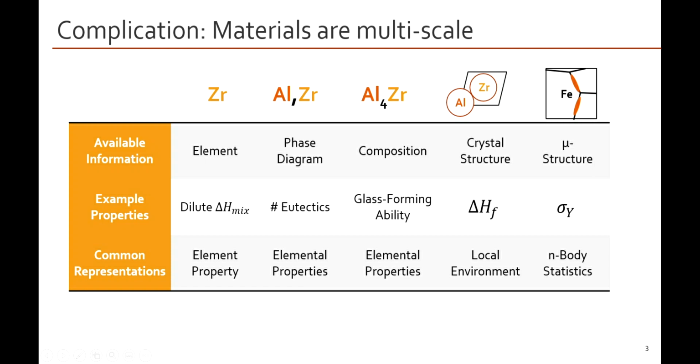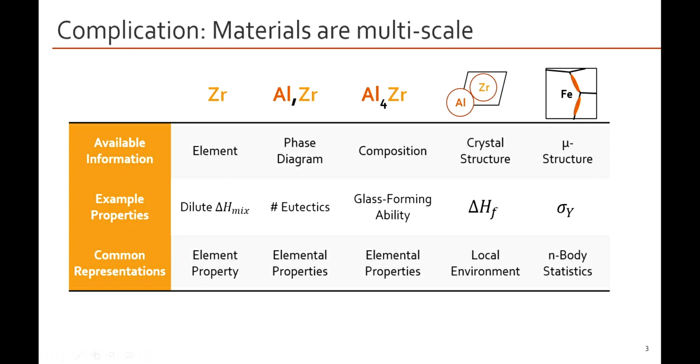Here, the only bit of information that describes how different entries in your training set are different is just a single element. Additionally, you may be trying to, say, predict how two different elements mix, which is describing a phase diagram, or it could be all the way up to how materials are different based on not just their elemental composition, but what kinds of micron scale structures they form.